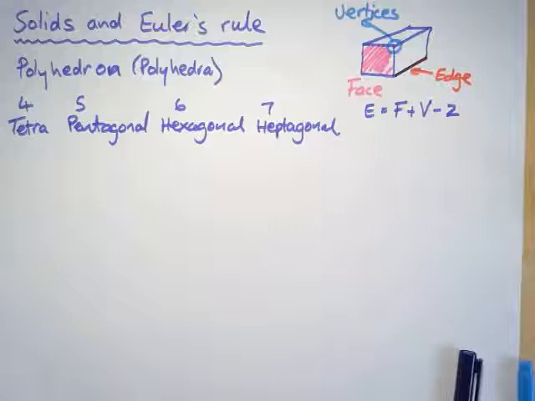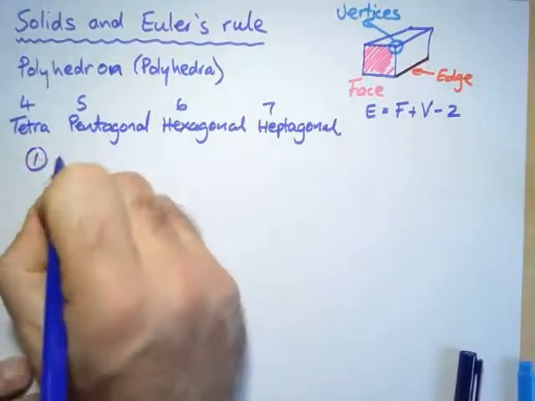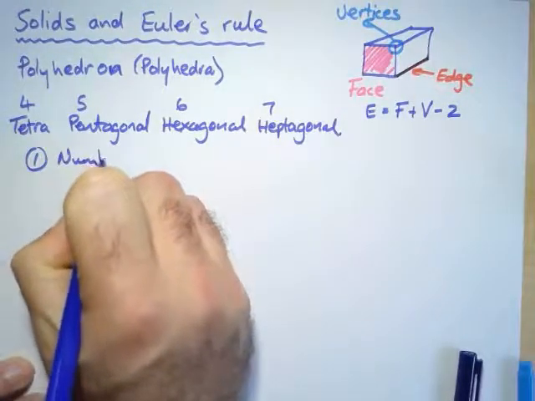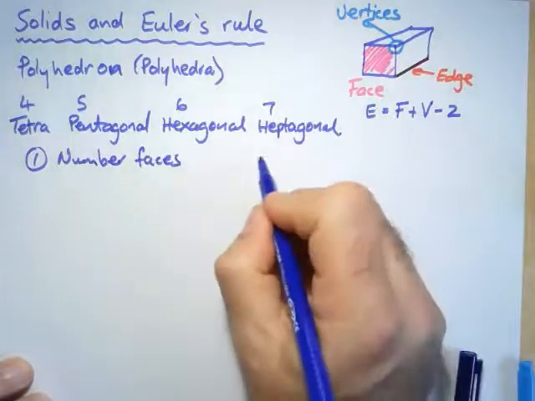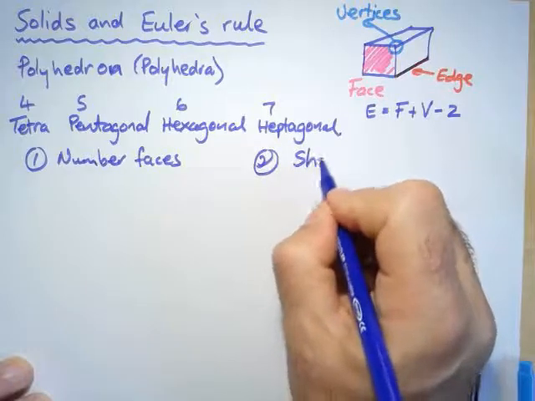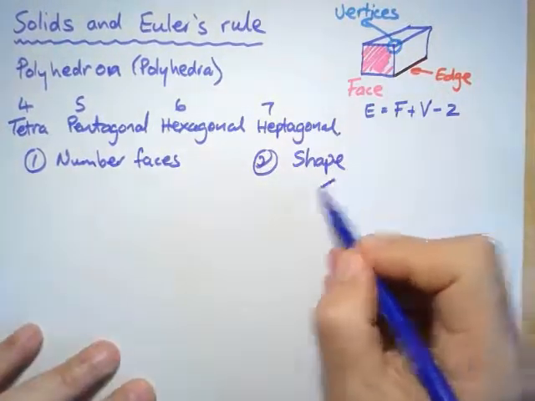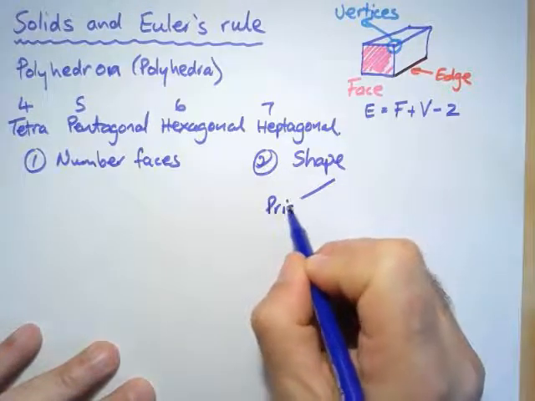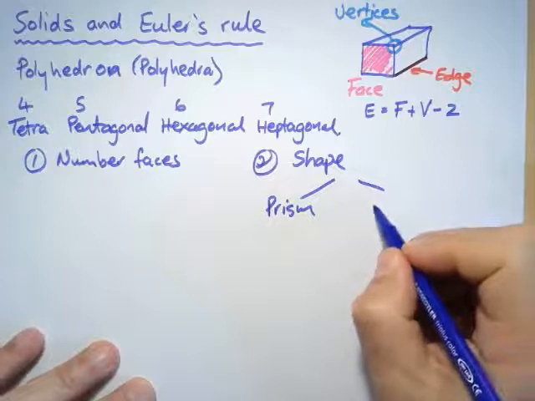The other method of naming is by the shape. So first method is the number of faces, and the second method is by the shape. Now in the shapes, we've got 2 different types of shapes. We've got either a prism or we've got a pyramid.